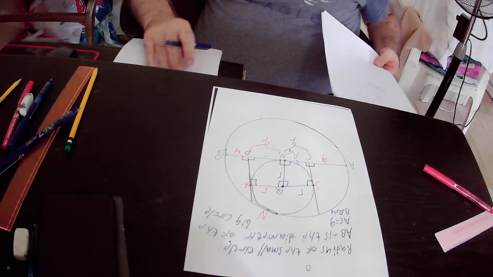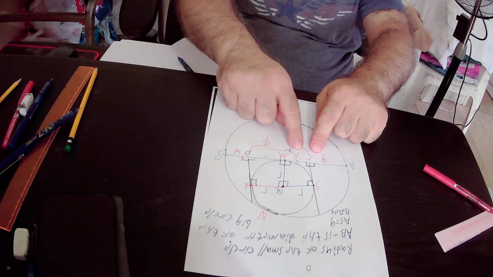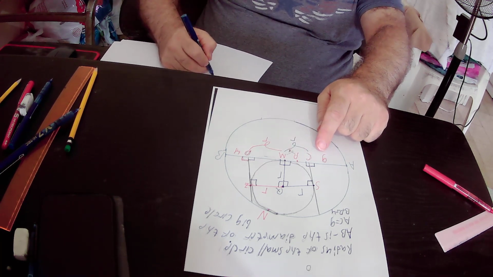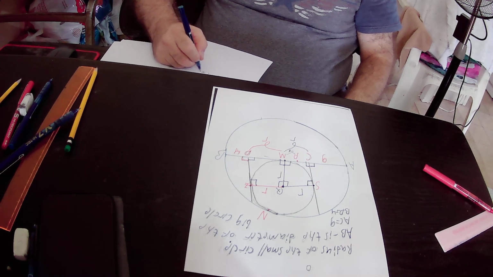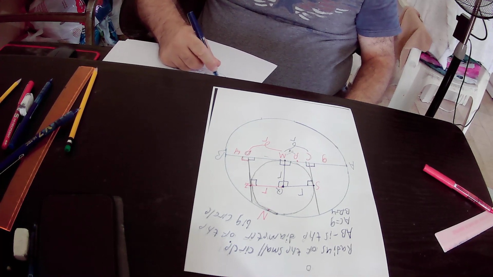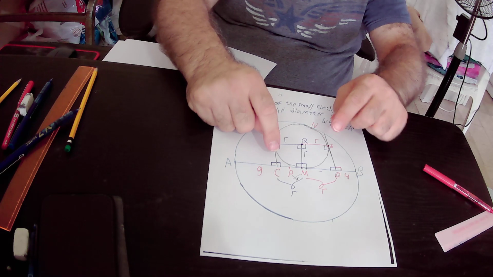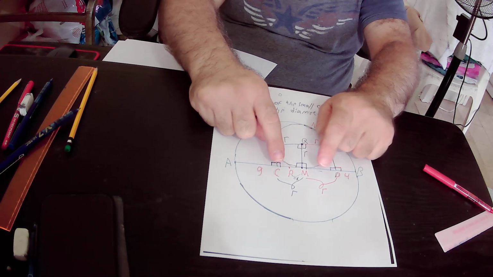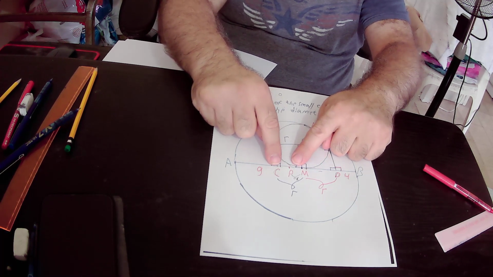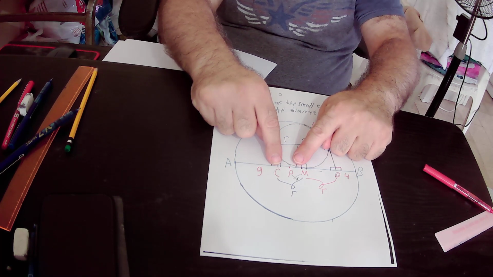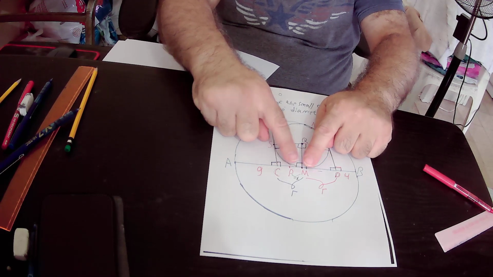So what is the value of line segment CP? CP equals CM minus PM.